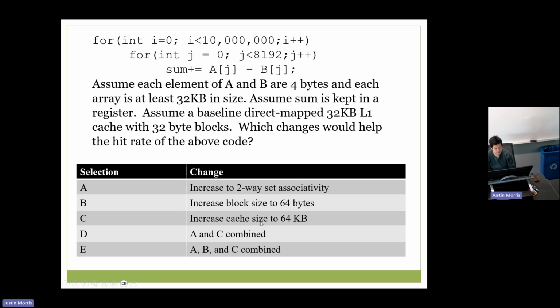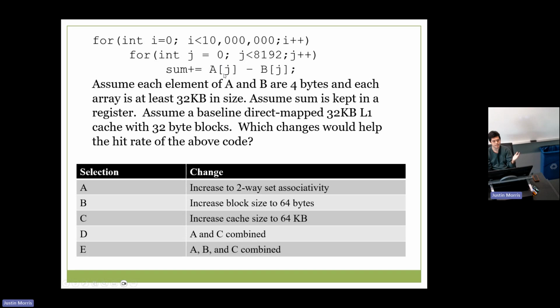If we increase the cache size by doubling it, now I can fit 64 kilobytes. So this is 32 kilobytes, and this is 32 kilobytes. After I go through one full iteration of this for loop, everything is in the cache. Nothing gets evicted. I come back here, I is 1, J is 0 again.